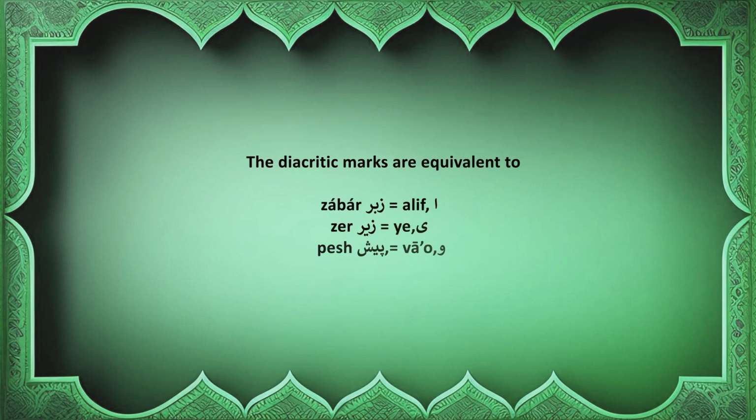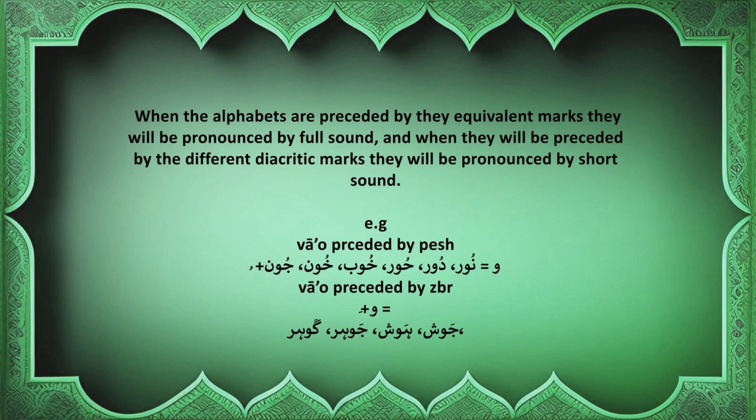So you have to remember we have some diacritic marks. Zabar is equivalent to alif, zair is equivalent to ya, pesh is equivalent to wow. This means when the alphabets are preceded by the equivalent marks, they will be pronounced with full sound, and when they are preceded by different marks, they will be pronounced with short sound.